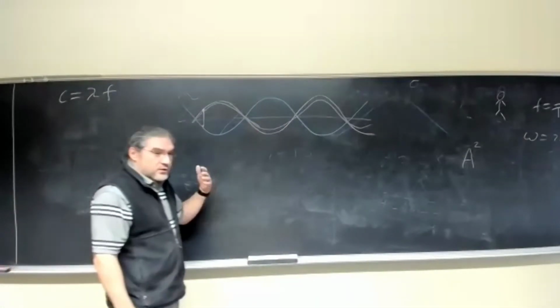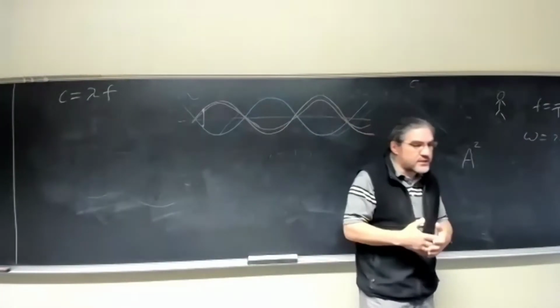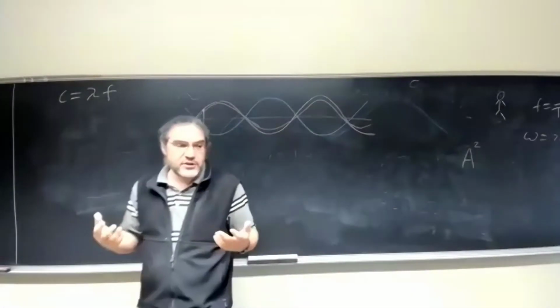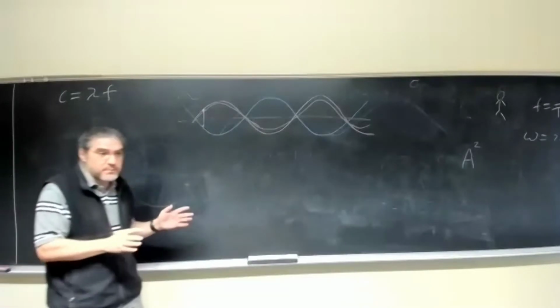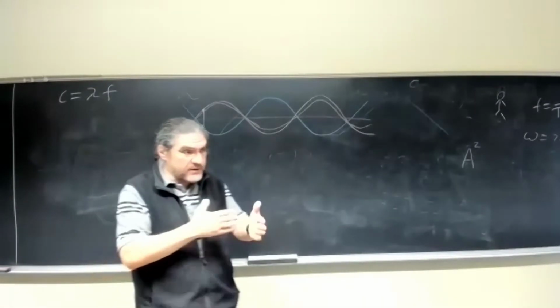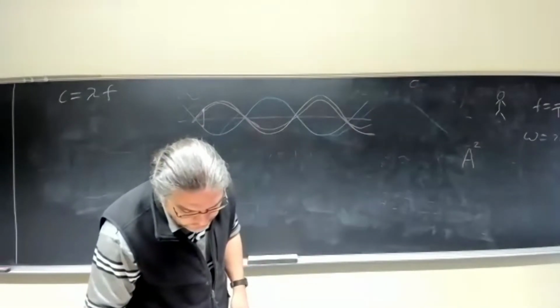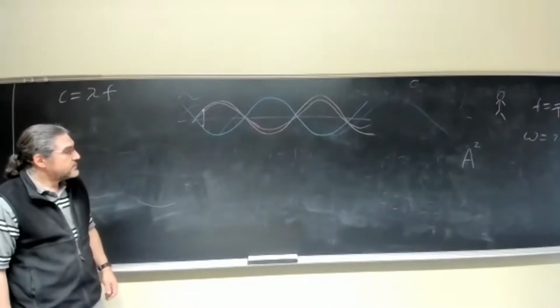So two waves can interfere with each other. They can either cancel each other or magnify each other, in fact, right? And that's just because of the superposition principle and the fact that there is a phase in between those two waves.